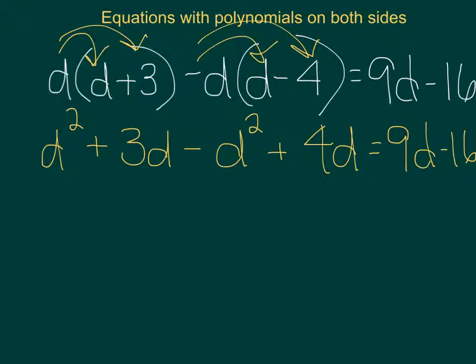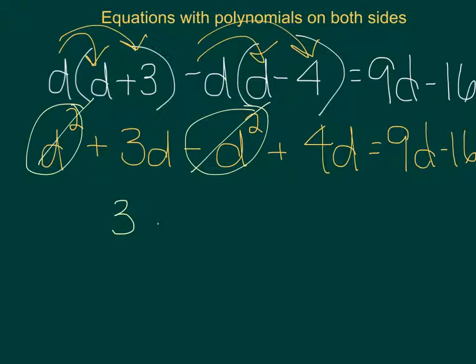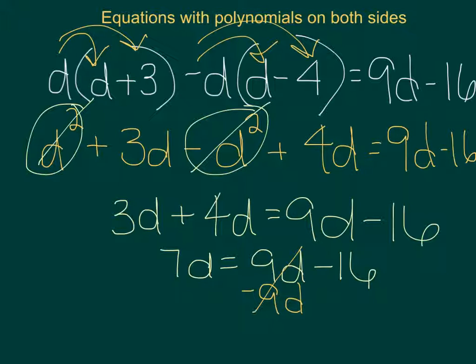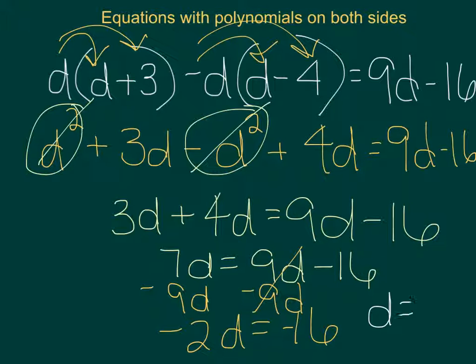So we have a positive d squared and a negative d squared, which cancel each other out, leaving us with 3d plus 4d equals 9d minus 16. So you can combine the left side to get 7d equals 9d minus 16. You can subtract 9d from both sides, leaving you with -2d equals -16. Divide both sides by -2 and get d equals 8.